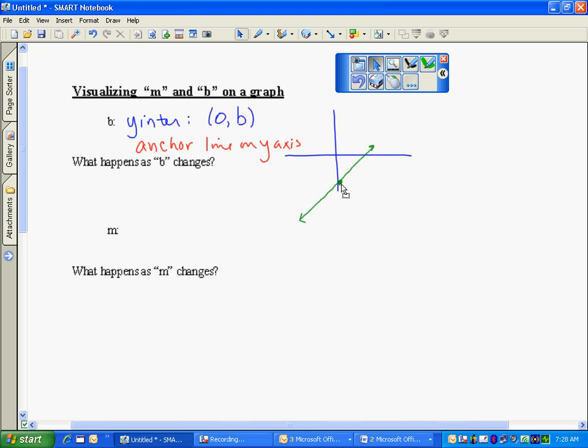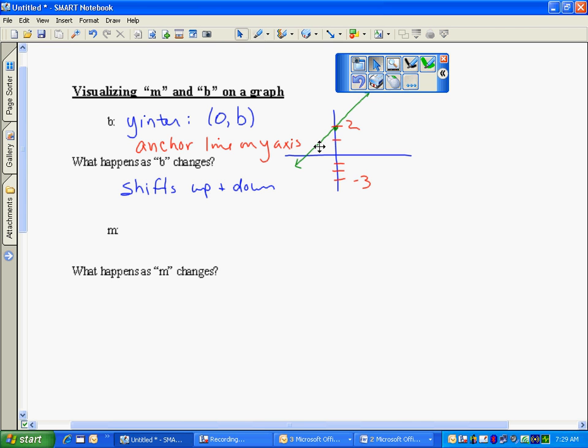So b, as it changes, for instance, a b in this case would be -3. If I move it to a b value of 2, let me grab my line, it's going to shift it vertically. So when b changes, the line shifts up and down.